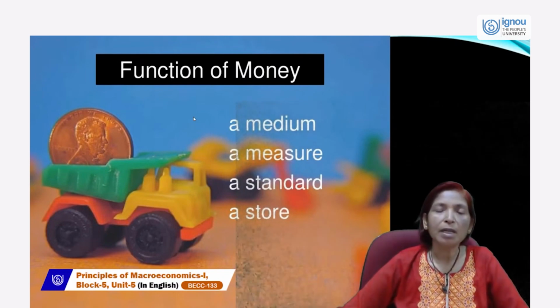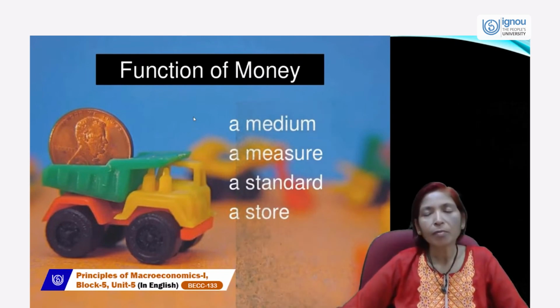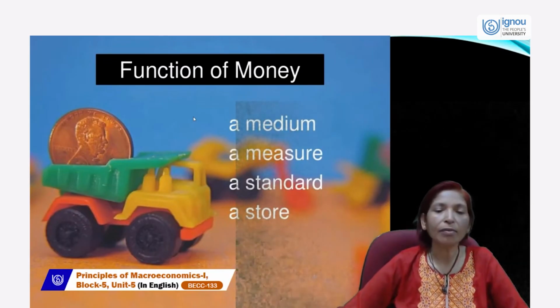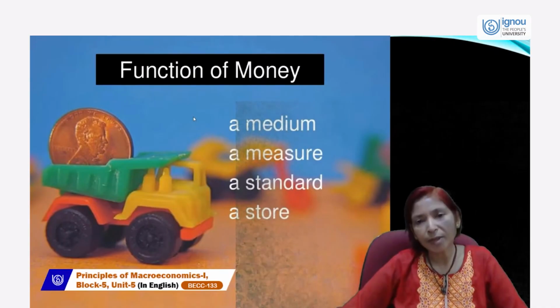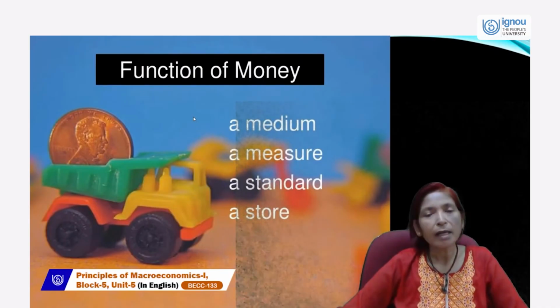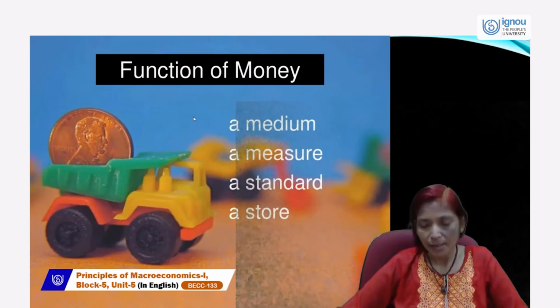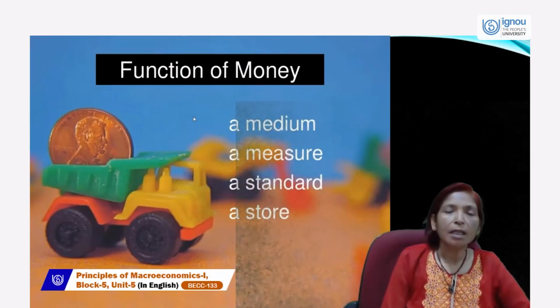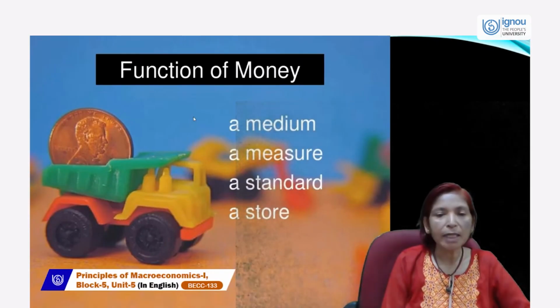And all the goods and services produced in our country can be easily measured in terms of money. And money is a medium of exchange because with the help of money we can buy and sell any types of goods and services. So these are the main four functions: medium, measure, standard, and store.